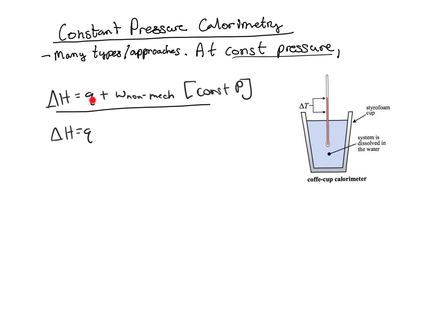We're going to arrange the system so that Q equals 0, and we'll measure everything by doing work on the system or surroundings to ensure that no heat flows. And in that case, we'll be able to set Q equals 0 and just measure the work and use the work done to measure delta H. So a lot of approaches, but all coming from this basic equation.